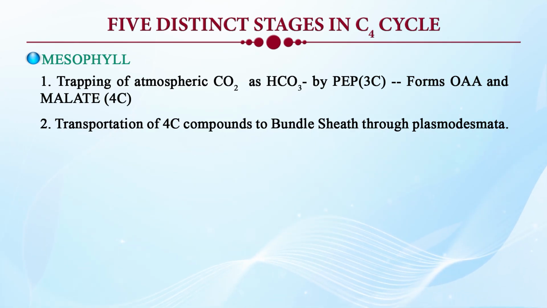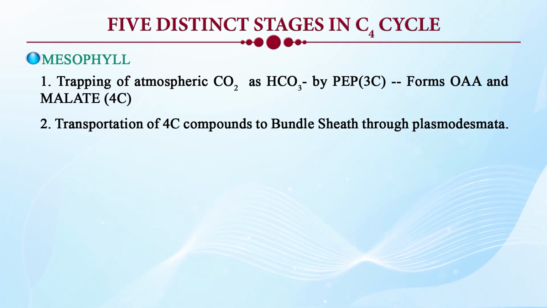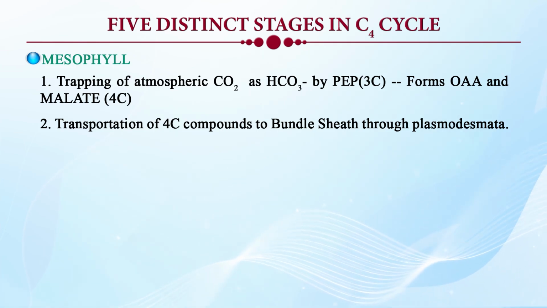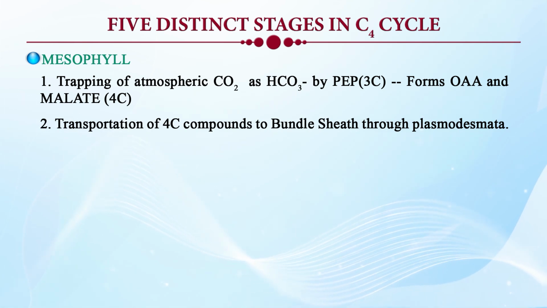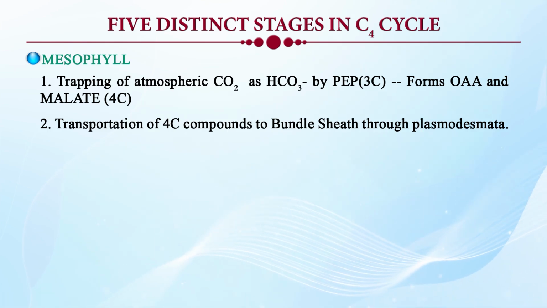So, the first step would be the CO2 is trapped as bicarbonate ions, and as I said before, PEP carboxylase has a very high affinity. So, it traps the bicarbonate ions, and immediately it forms oxaloacetate and later malate, which are both 4 carbon compounds, and hence the name C4 cycle.